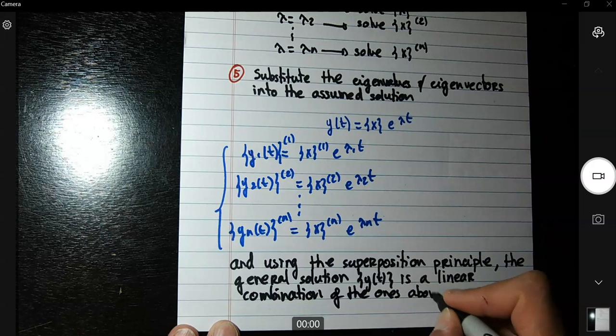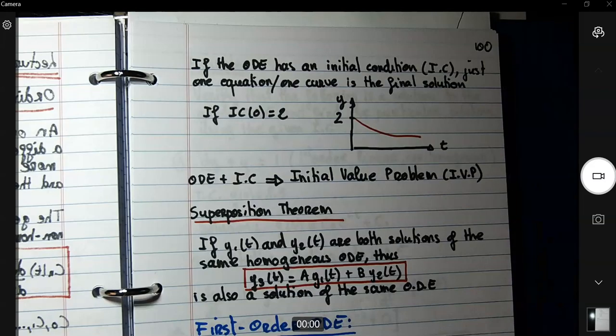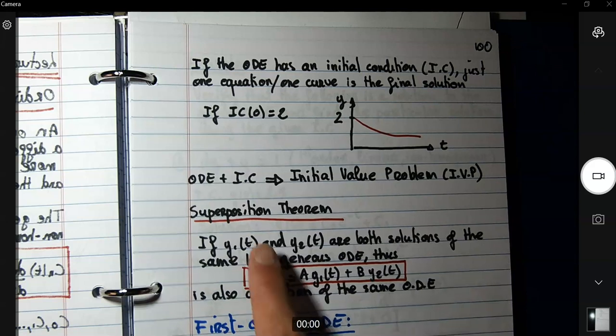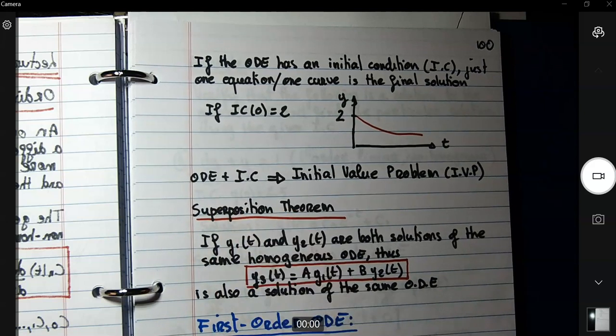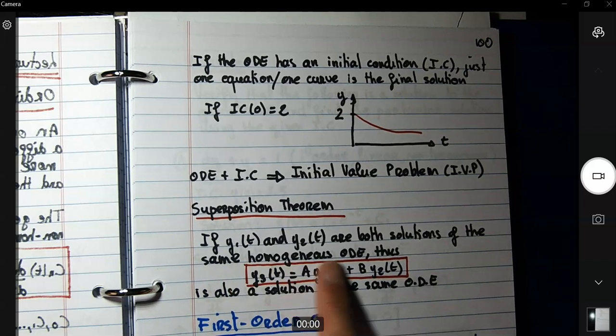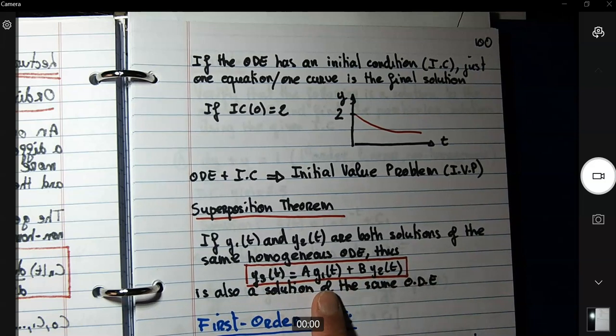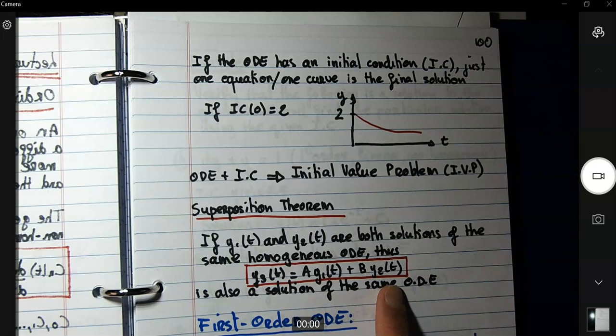Okay, I'm going to put you on pause for a second and see if I find that first page. Okay, so I found it in the class notes. If you go back to page 100, we wrote over here a superposition theorem that basically says if y1 of t and y2 of t are both solutions of the same homogeneous ODE, then the total solution will be A y1 of t plus B y2 of t.